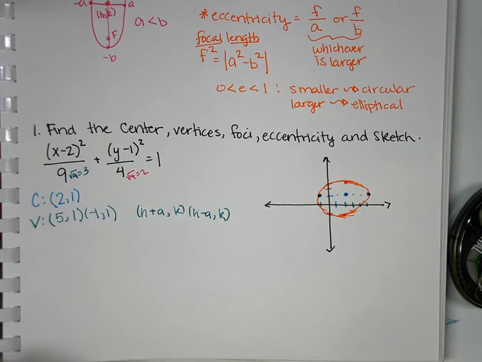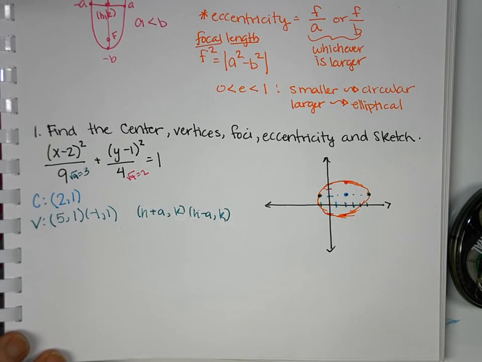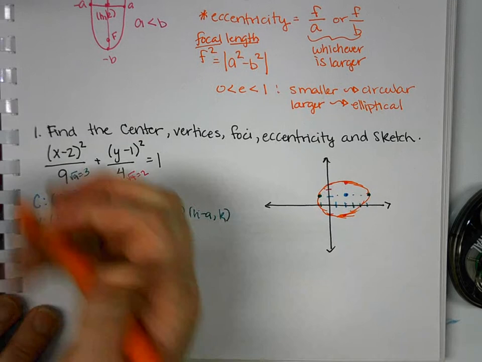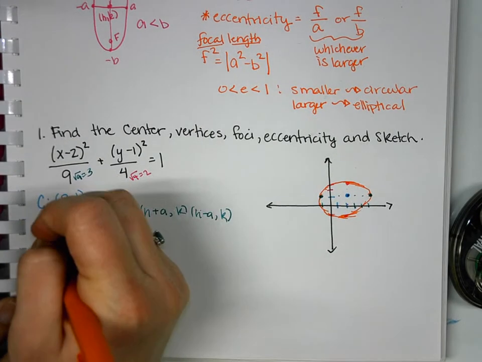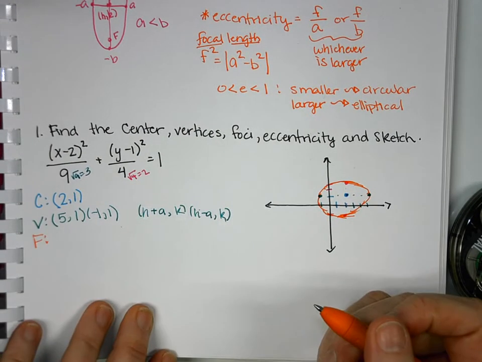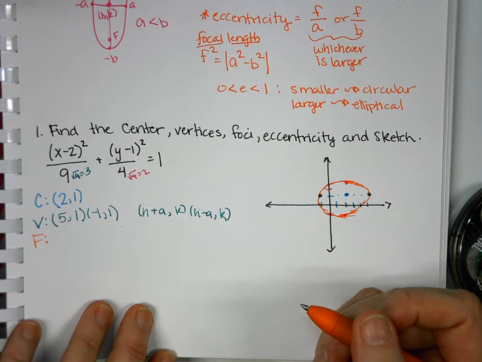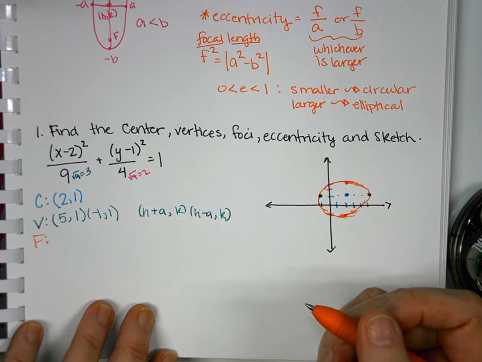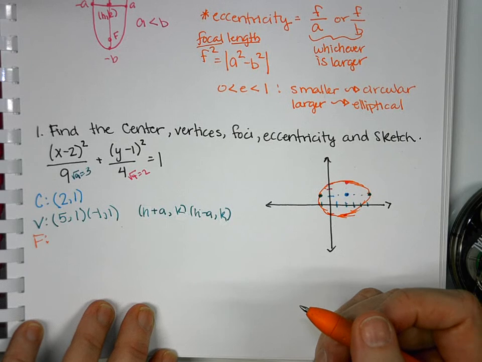Okay, the last thing we need to find are the foci. So let's see, our foci, or foci. I didn't give you guys the formula for that, did I? Well, actually I did.